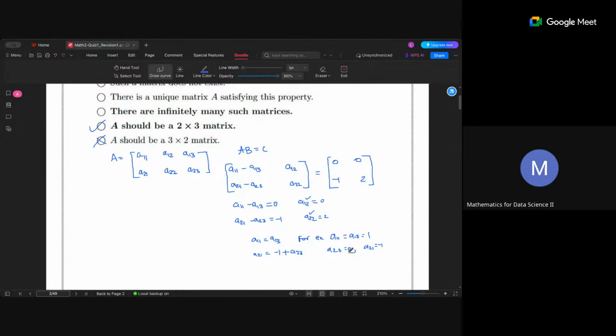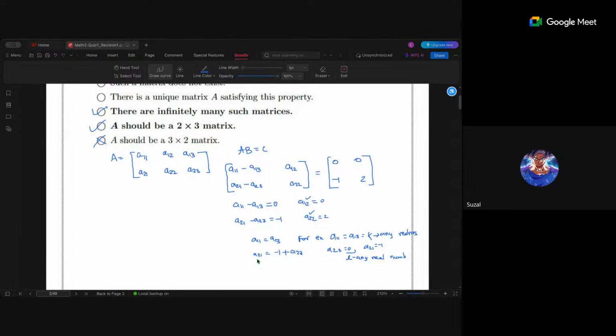Infinitely many, because this can be any real number. You can choose it to be K, where K is any real number. Similarly, here you can choose it to be some L, where L is any real number. So this way, we will get infinitely many such matrices. Is that clear for everyone?